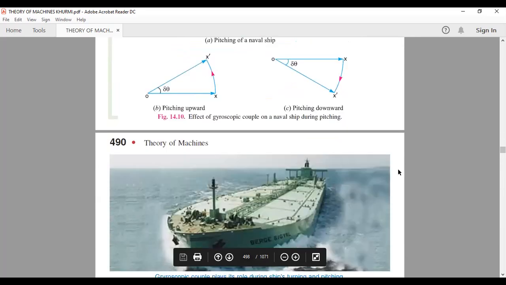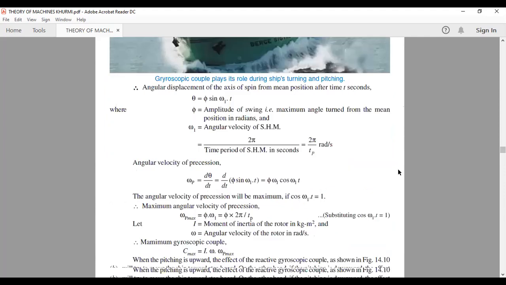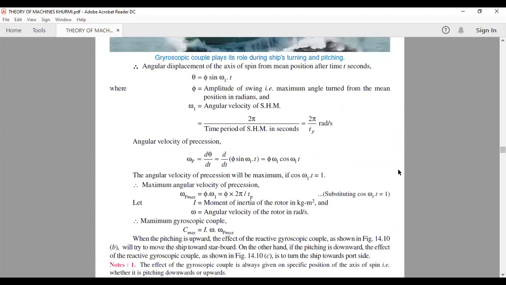So we have done the problems on ship also. So here we had some new formulas for it.